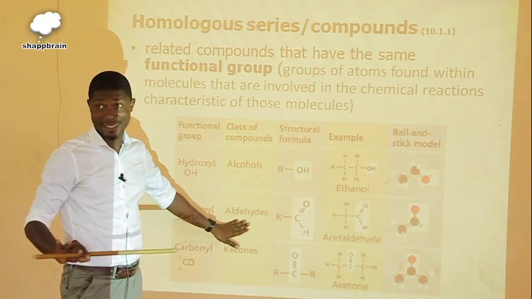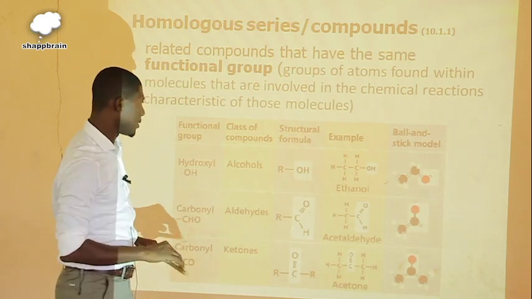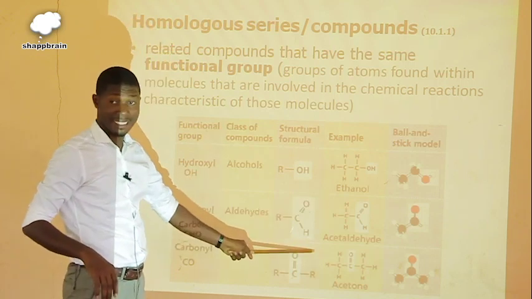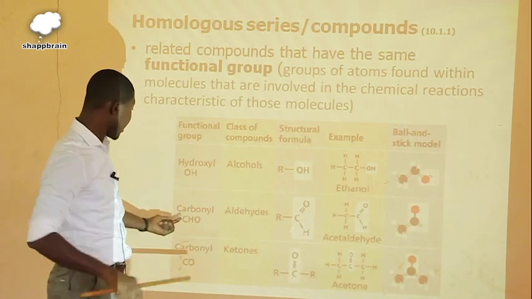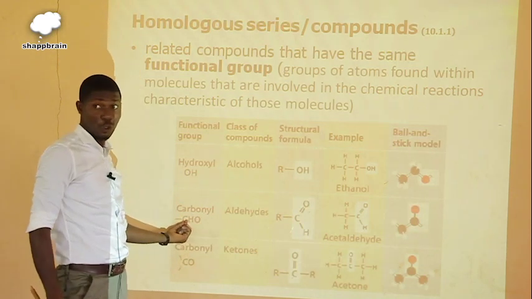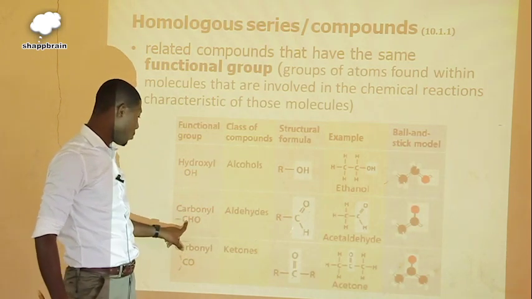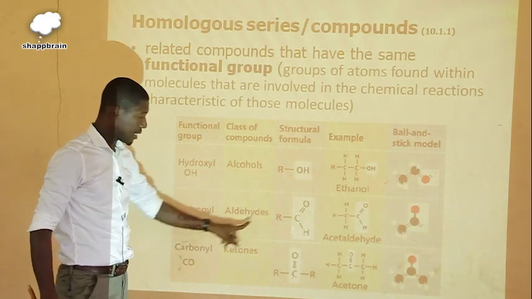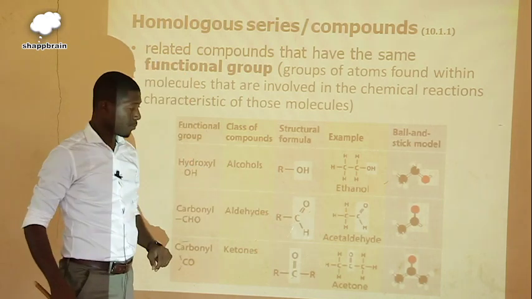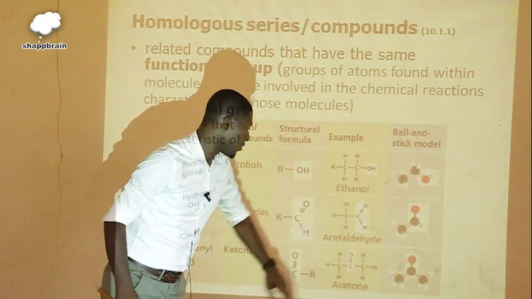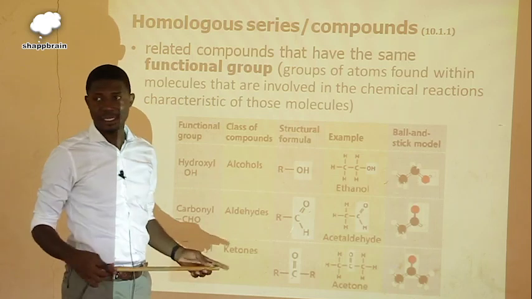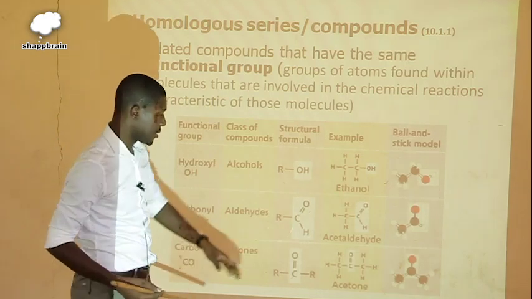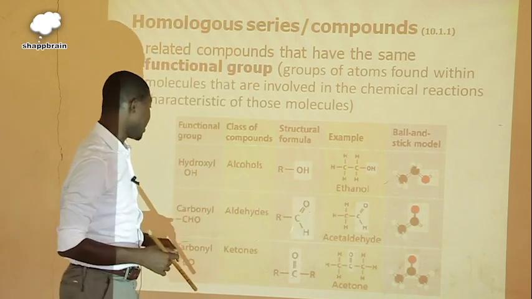The structural formula is R, C double bonded to O, and then H. Over here the double bond is condensed, it's not shown, but once you see that, you know there's a double bond between the carbon and the oxygen, then a single bond to the hydrogen, and that's what you see in the structure here. Good. An example is acetaldehyde, an example of an aldehyde.